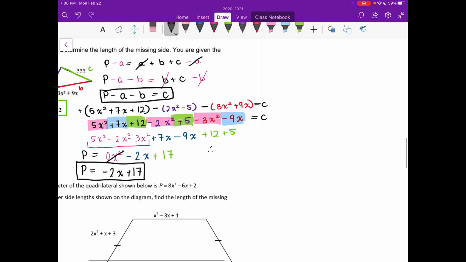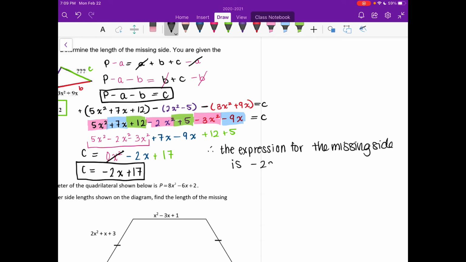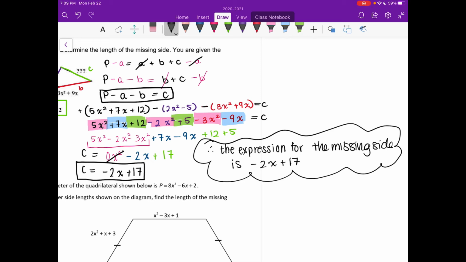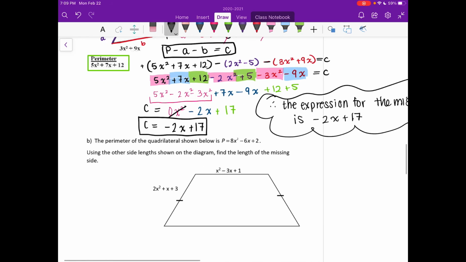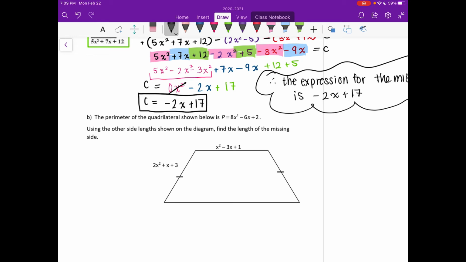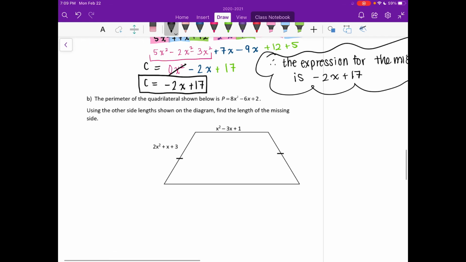So I have to say, therefore, the expression... Oh, sorry, that shouldn't be P. That should be C is equal to... The expression for the missing side is -2x plus 17. Okay, -2x plus 17. And that's it. It's not asking you to do anything any further. It's going to say the perimeter for the quad, and then we're going to move on.